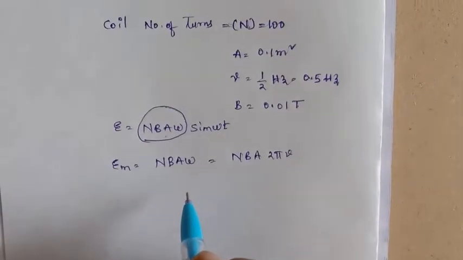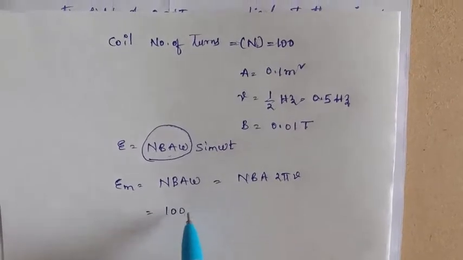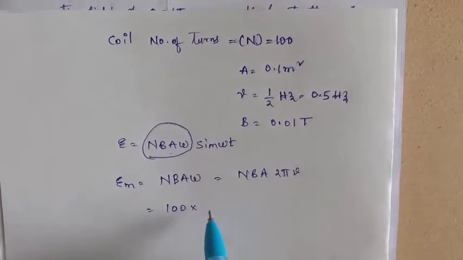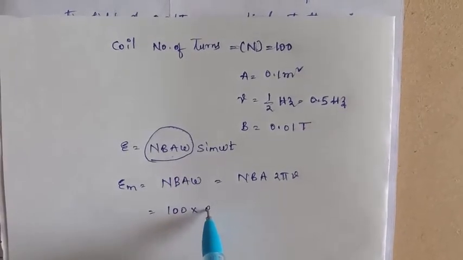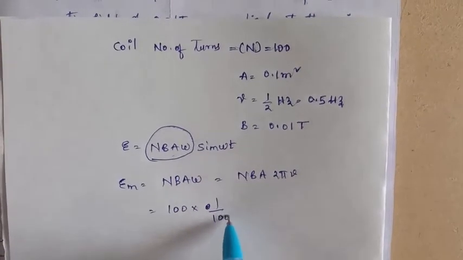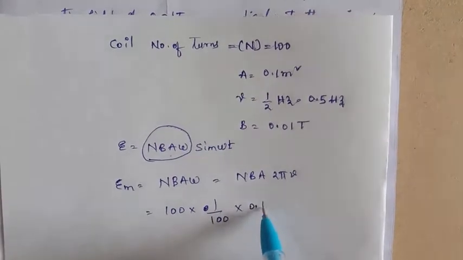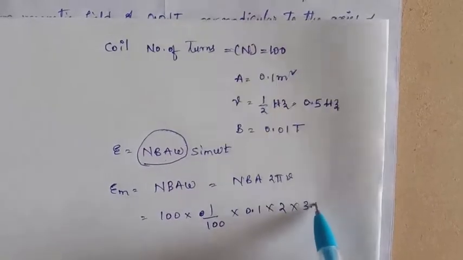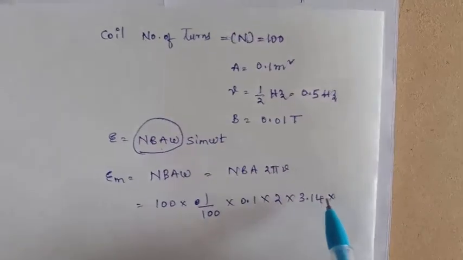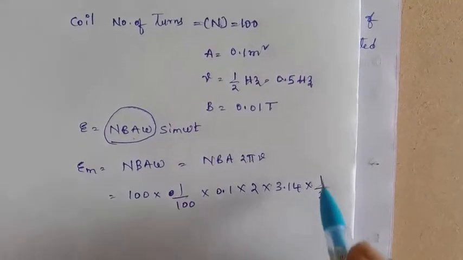So substitute the values given. N is equal to 100 and the magnetic field is 0.01, that means 1 by 100, into area 0.1, and 2 pi is equal to 2 into 3.14, and the frequency is half or 0.5.